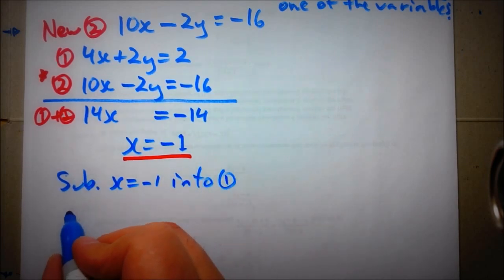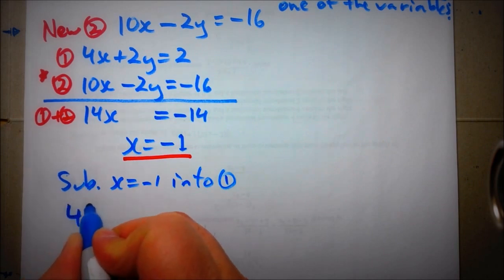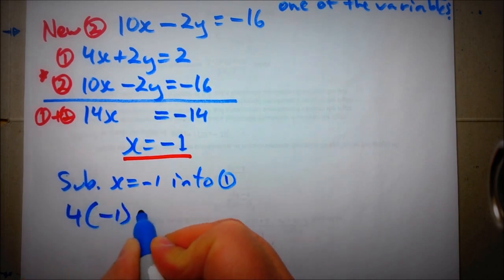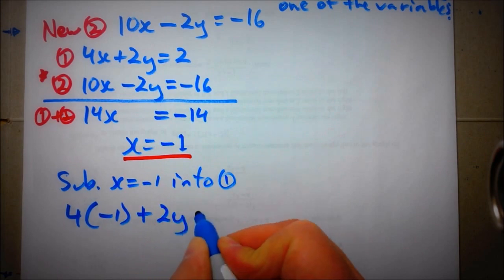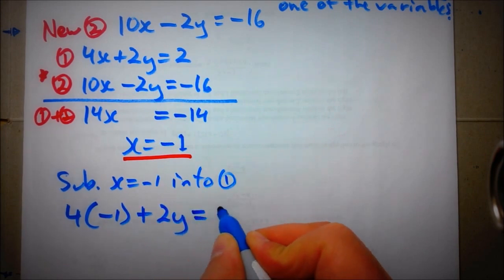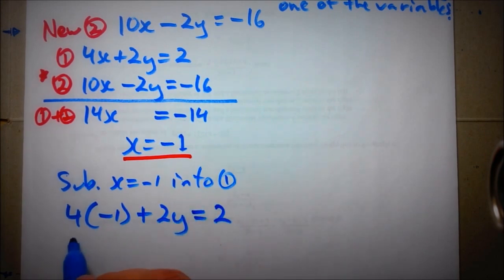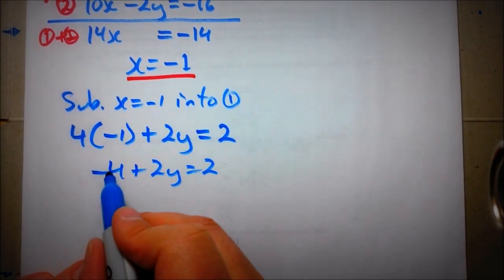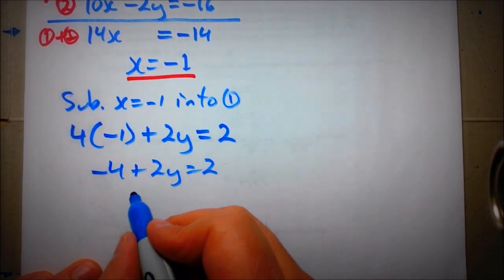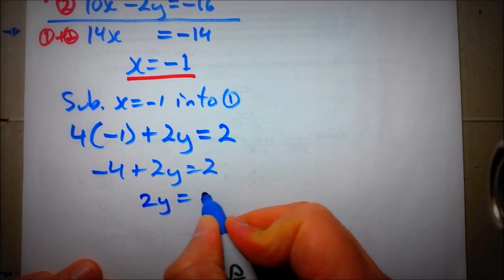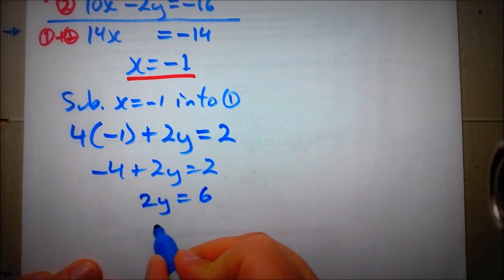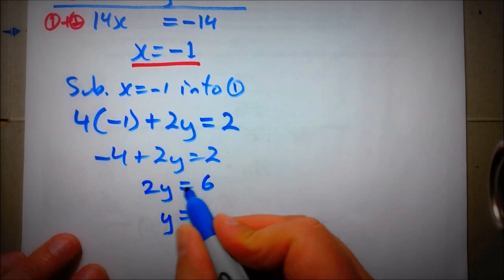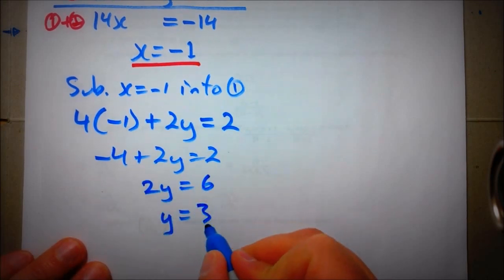So what do we get? 4 times negative 1 plus 2y equals 2. So now this becomes negative 4 plus 2y equals 2. Negative 4 goes on the other side as addition, so we end up with 2 plus 4, which equals 6, and then y is equal to 6 divided by 2, which gives us 3.